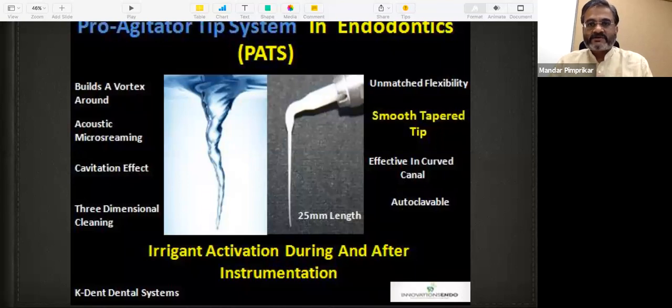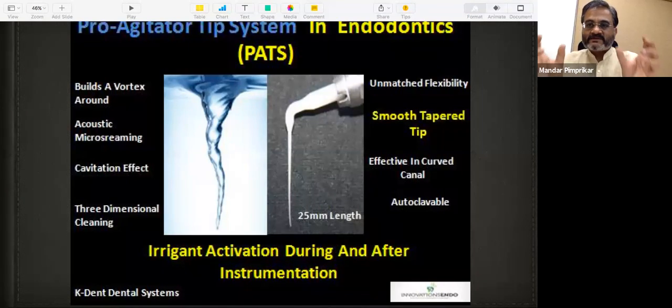But if you resort to using ultrasonic, the advantage is being more efficient, but the disadvantage is the tips are made of metal, so you cannot really work around a curved canal, or it can gouge the canal, or it can alter the anatomy of the canal.